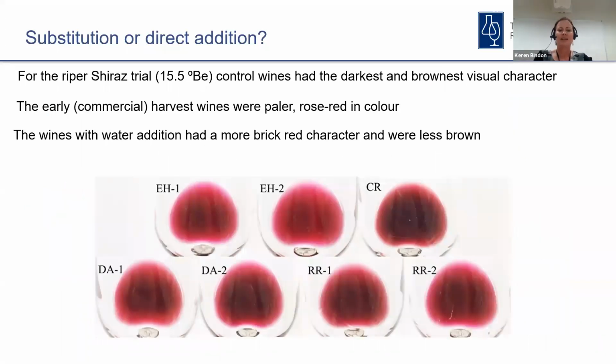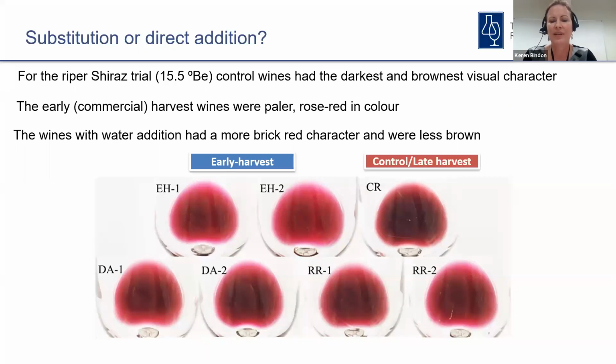This just gives you an idea of that opacity attribute that I highlighted earlier. And just to pinpoint what these different treatments are, we have our two early harvests. This is the later harvest control. So you can see that there's a clear increase in a more brown attribute as the grapes ripened and the wines were made from different harvest points.